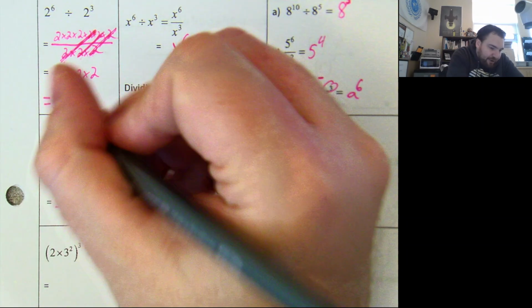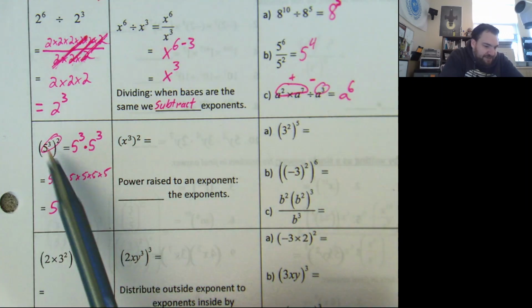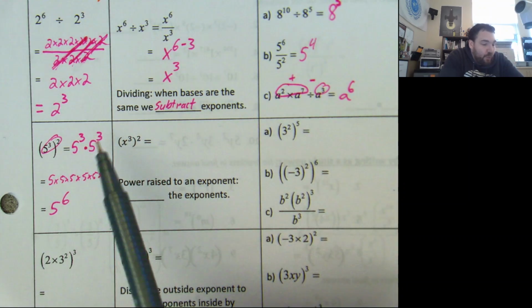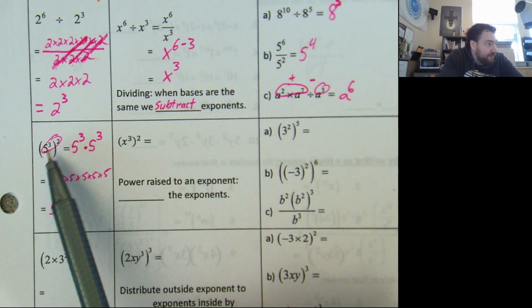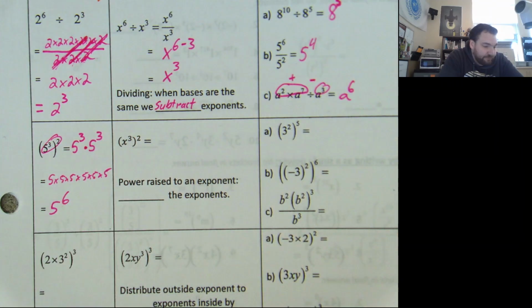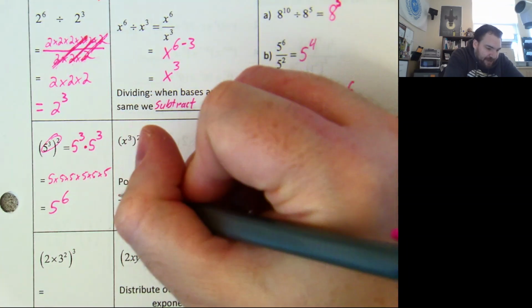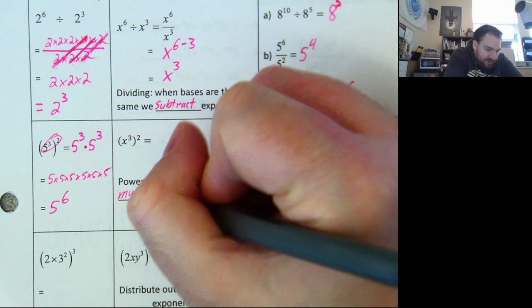So how could I go back and use 3 and 2 to get 6? Yeah, as Jared said before and as Dakota said now, when you have a power to a power, you multiply these two things together. So powers raised to an exponent, you multiply the exponents.